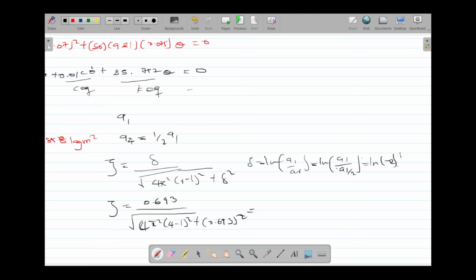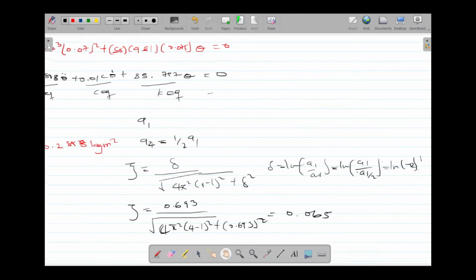And that will be 0.693 all over square root of 4 times pi multiplying 3 squared plus 0.693 squared. So we have zeta equal to 0.065 as the damping ratio. All right, so we know the damping ratio.